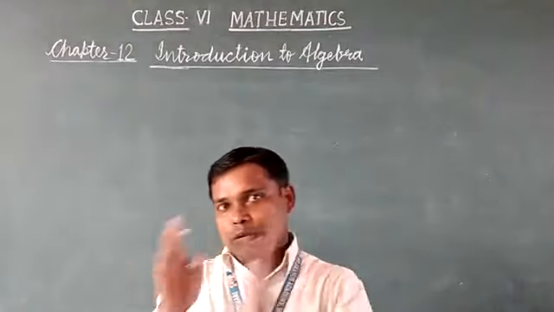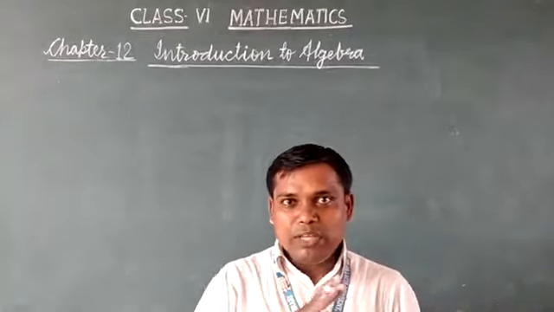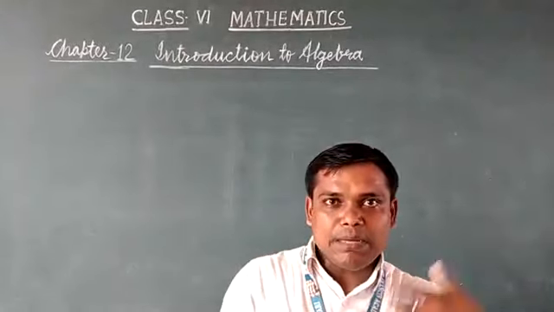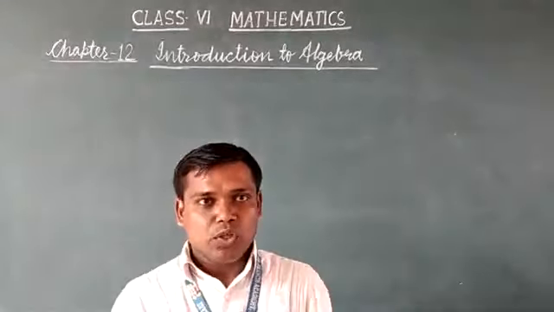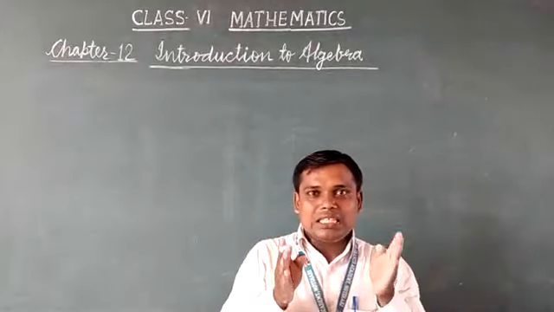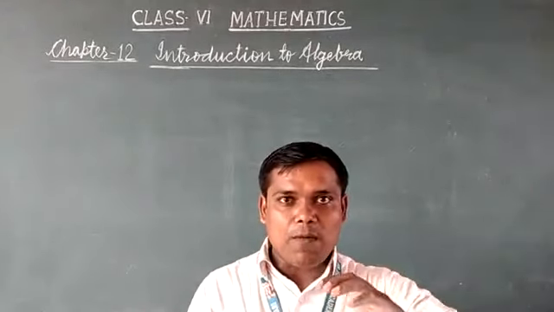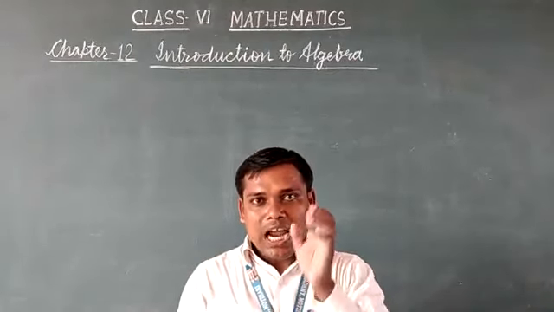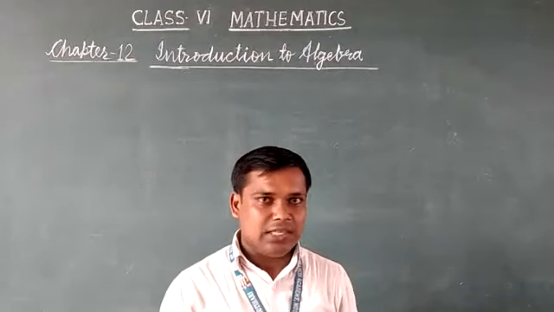If Shyam has rupees 20, then Ram has 20 plus 10, 30. But we don't know how much money Shyam has. But we have a statement, Ram has 10 rupees more than Shyam. So in this case we will consider algebra. That is, we are using the help of alphabets instead of numbers to express the relation between the money of Ram and Shyam.